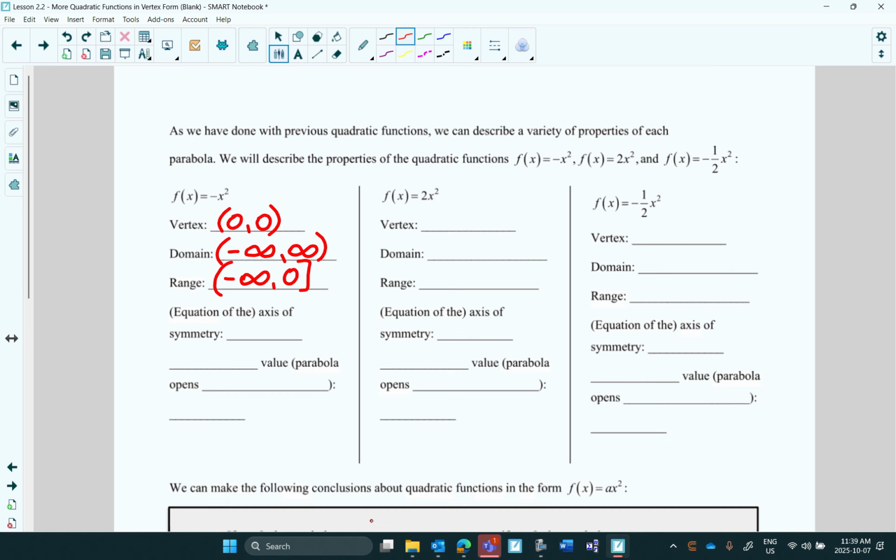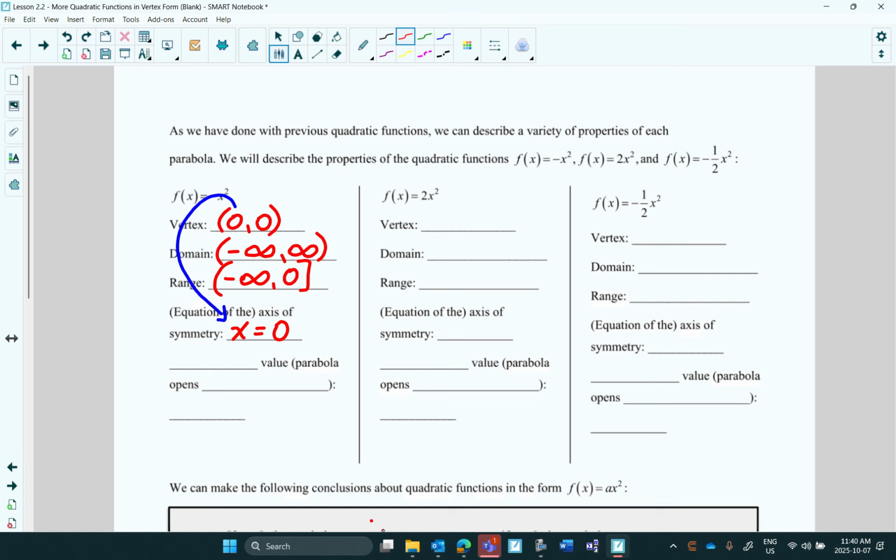Remember how to find the axis of symmetry and the min or max value. So the equation of the axis of symmetry is always going to be the x coordinate of the vertex. So x equals 0. Does this one have a minimum value, it bottoms out, or a maximum value?